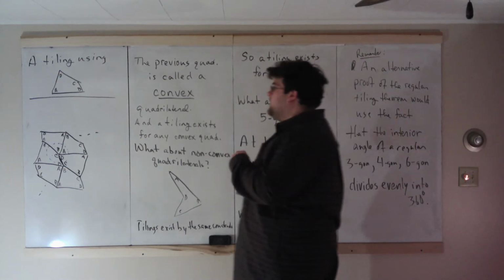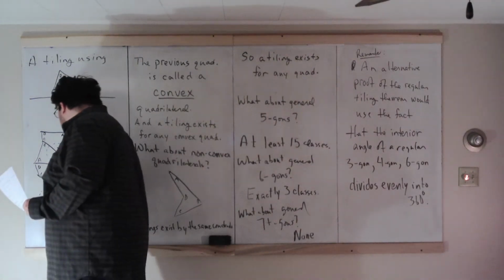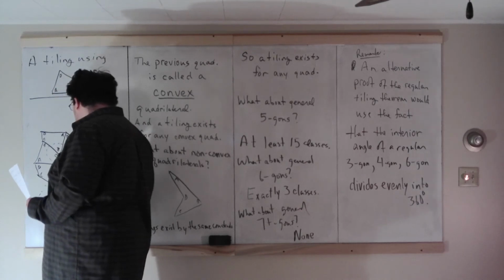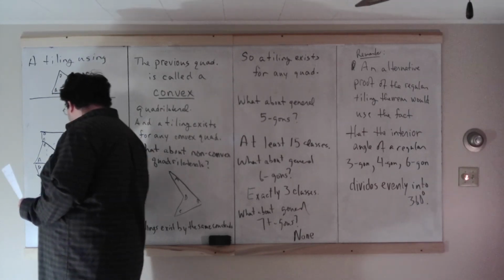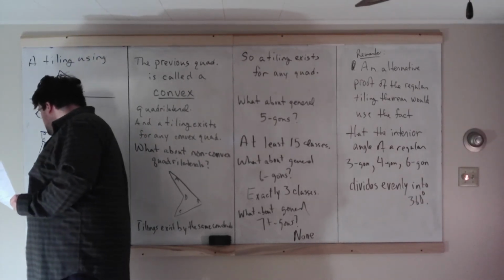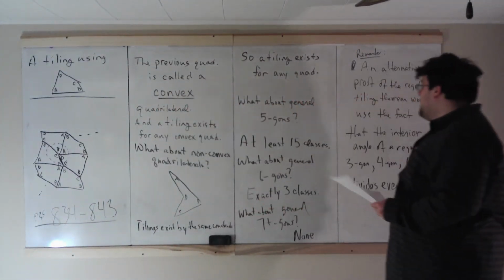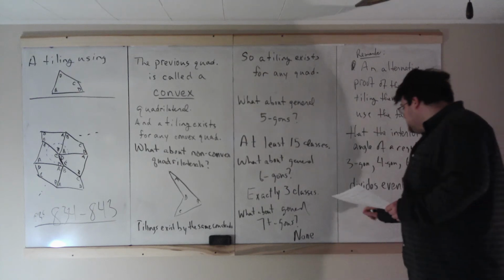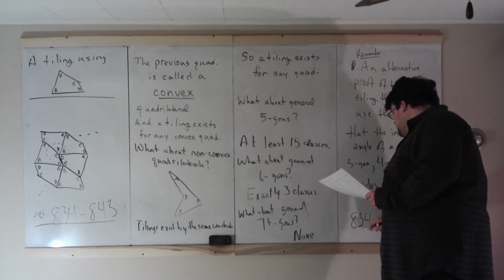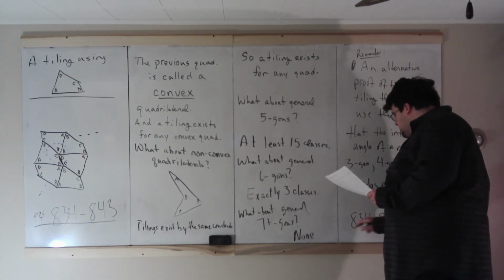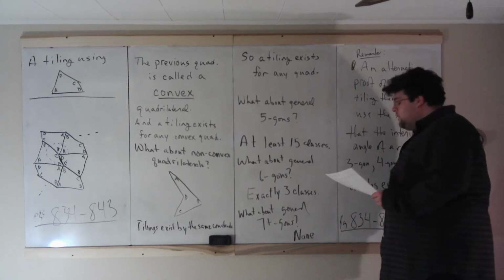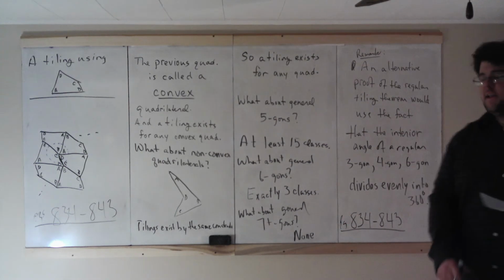You don't really have to read anything unless you want to. 834 through 843 in the textbook. 834 to 843. Actually, that might be where the glare is. So 834 to 843. They go over some other tilings.